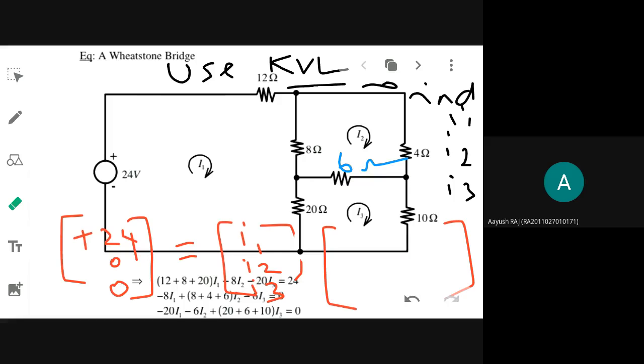Akhil Vanam and Agarwal. Yes, ma'am. Tell me what is R1,1? That is the sum of the resistances that are present in the first mesh. That is R11, and R22 is the sum of the resistances present in the second mesh. What are the resistances that are present in the first mesh? 12 ohms, 8 ohms, and 20 ohms. What is the sum?